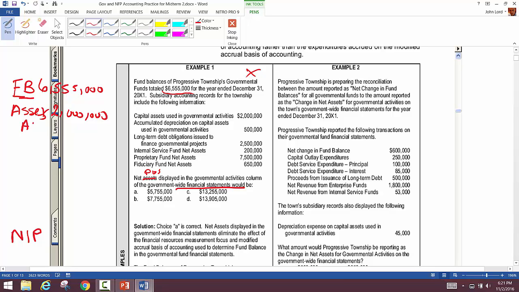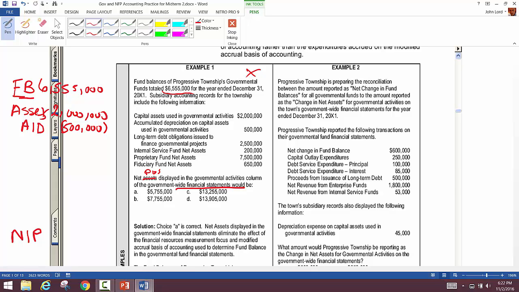I need to include it now because I report accumulated depreciation at the government-wide level, not at the fund level, right? But accumulated depreciation is subtracted from my assets, isn't it? So I'm going to subtract my accumulated depreciation, 500,000, so that I get my assets net of depreciation, right? You don't know how wonderful it is to just say that and you know what I mean, right after teaching the introductory course. Everybody would be like, oh, well, no, you're supposed to add it, right? No, subtract it for the accumulated depreciation, right?